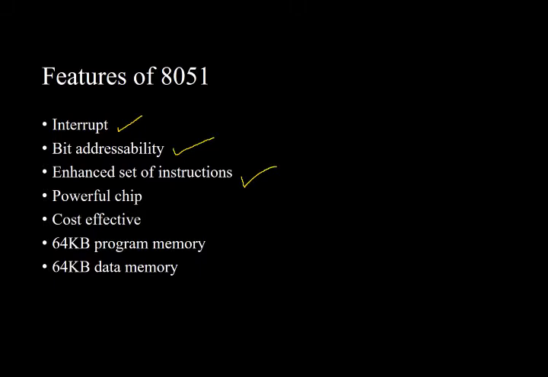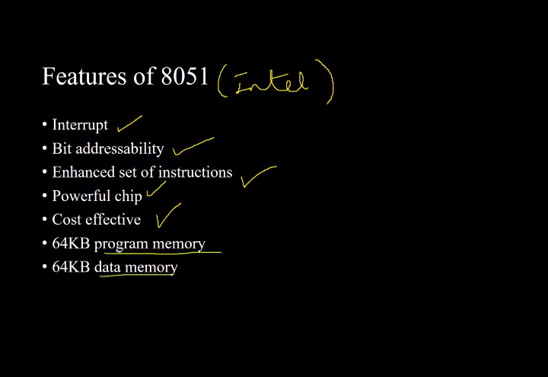Instead, in 8051 you have an enhanced set of instructions that can be utilized for various applications, which makes 8051 very unique from already existing instruction sets. And obviously it is a powerful chip, and that is the reason 8051 has been manufactured by Intel in large numbers, and it is cost effective when compared to a microprocessor.